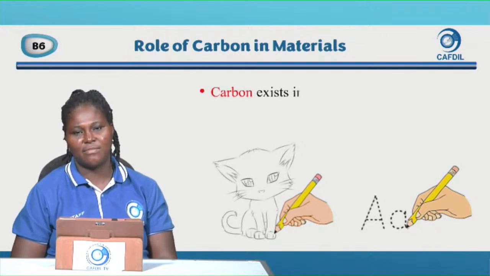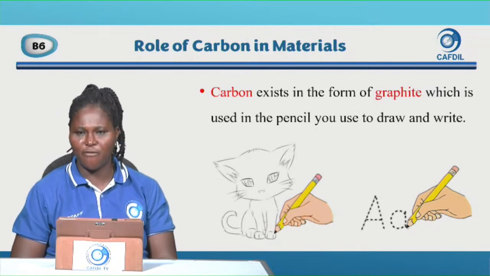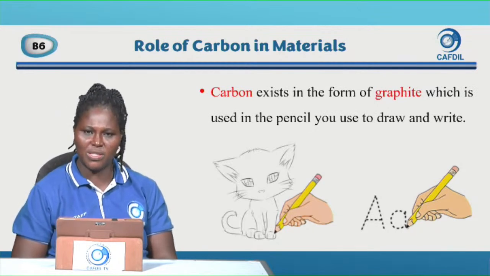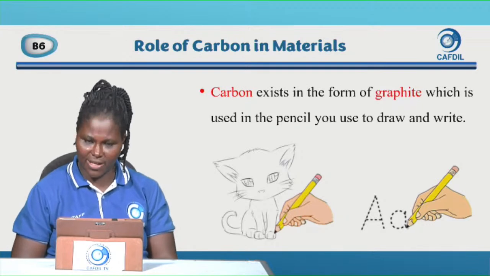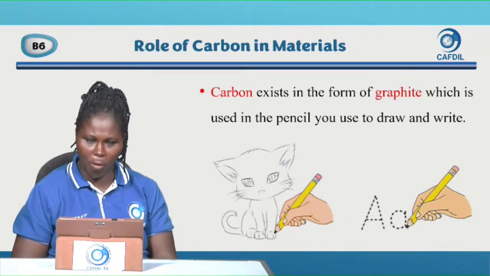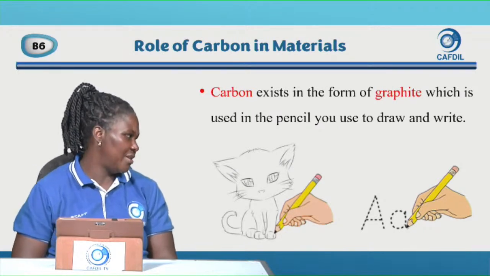Carbon exists in the form of graphite, which is used in the pencil you use to draw and write. So what you see in the pencil is called graphite, and it is in the form of carbon. We use it to draw, as we can see on our screen.